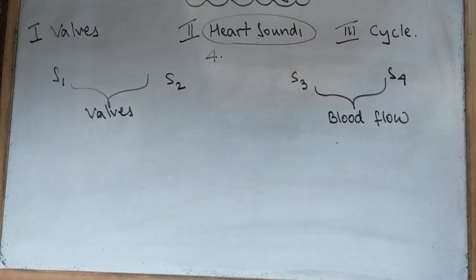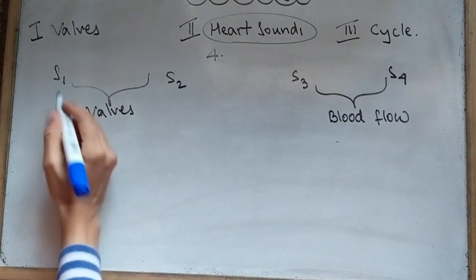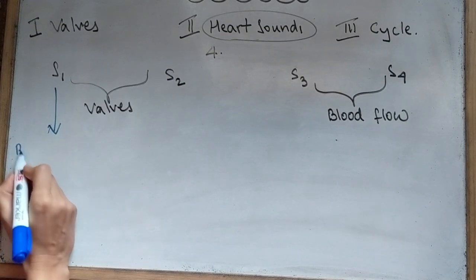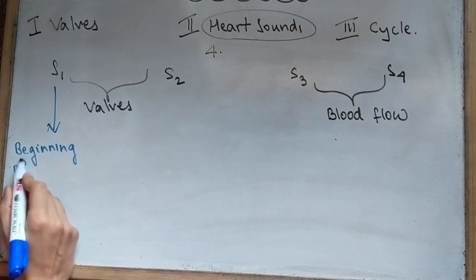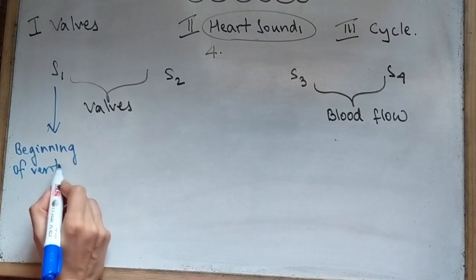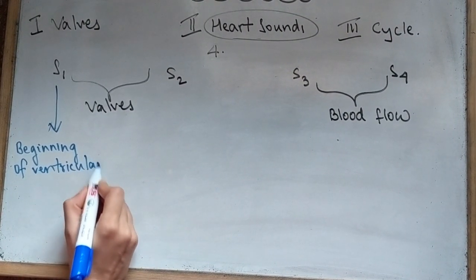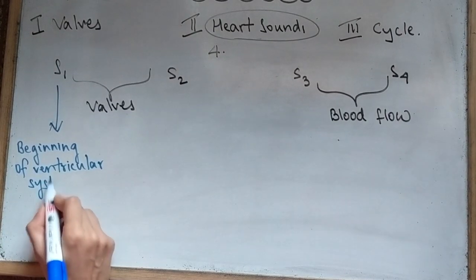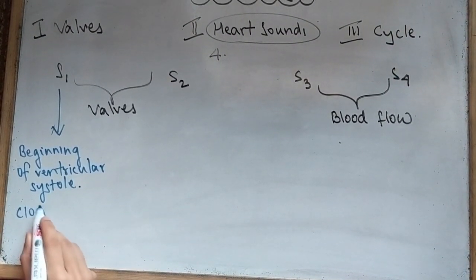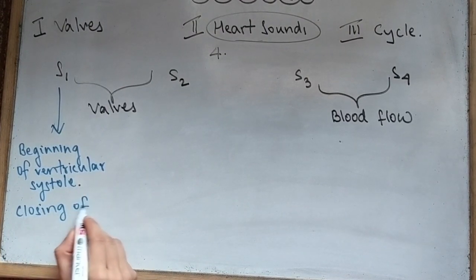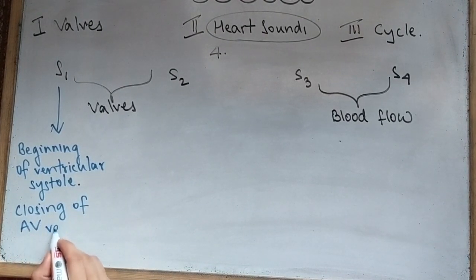Alright, so starting with S1, it's in the beginning of the ventricular systole. Pressure develops rapidly during this time, causing blood to start moving backwards towards the atrium, so the movement catches the leaflets of the atrioventricular valves and causes them to snap shut.